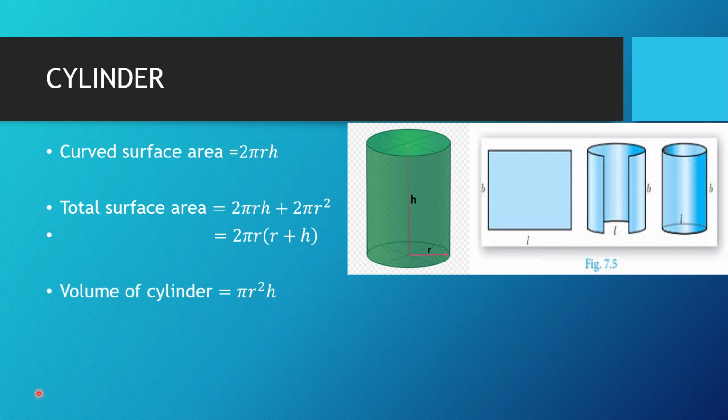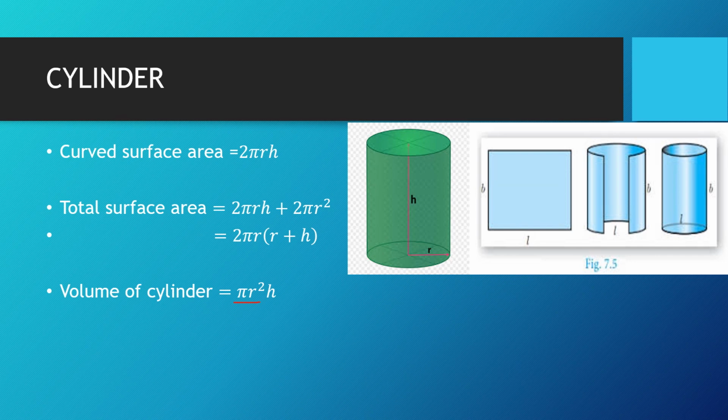How do we get pi r square h? Basically I am stacking circles. So what will be volume? Area of base. What is the area of base over here? Circle. How many coins am I stacking? H. So area of circle into height, that is area of base into height, it is pi r square h.